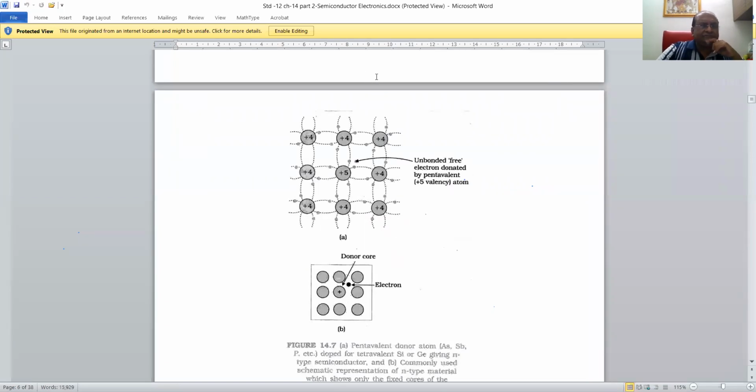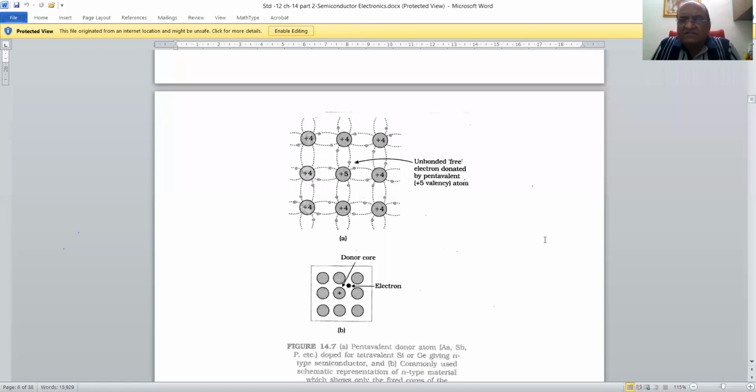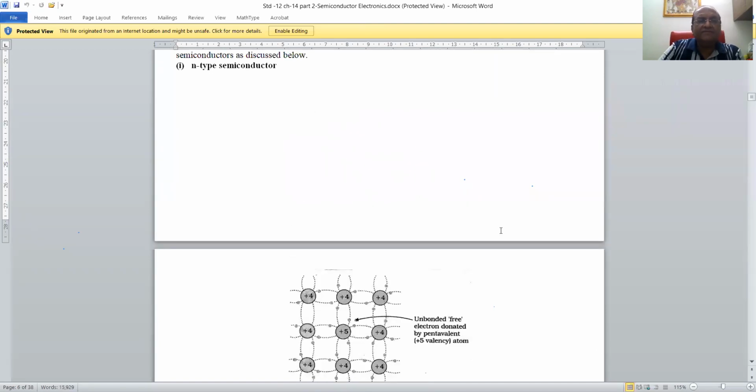Now see, extrinsic semiconductors are of two types. We discussed silicon and germanium, intrinsic semiconductors, which are tetravalent materials. In the outermost orbit, 4 valence electrons are there. But in nature, pentavalent as well as trivalent materials are also available.